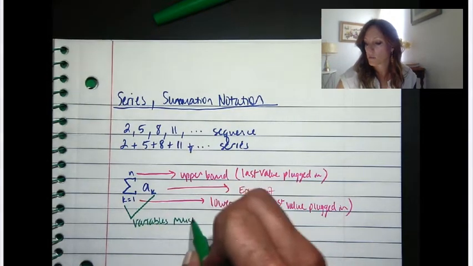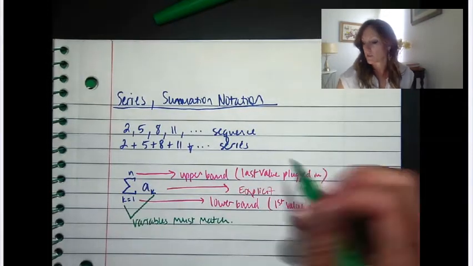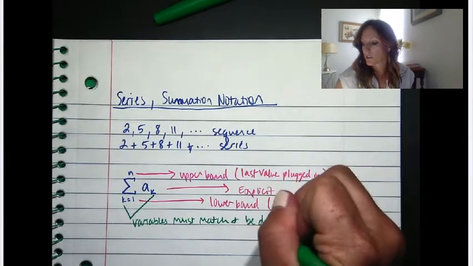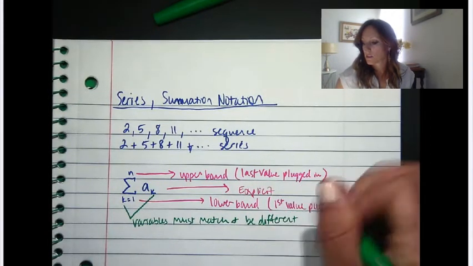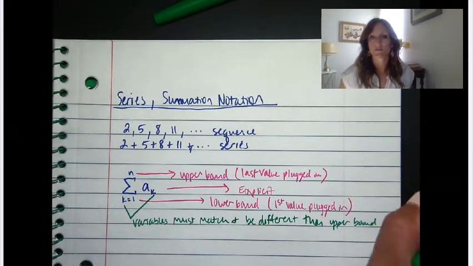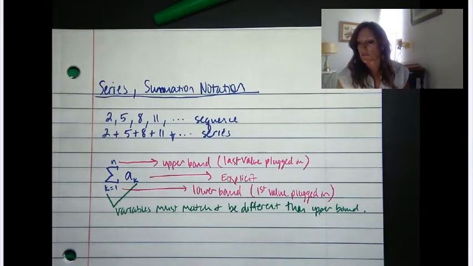So I'm writing variables must match. But they also have to be different than the upper bound's variable. So they have to match and be different than the upper bound. Okay, and that'll make more sense when we actually see some values in place of all of this.